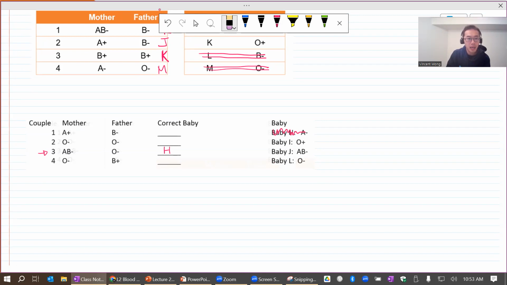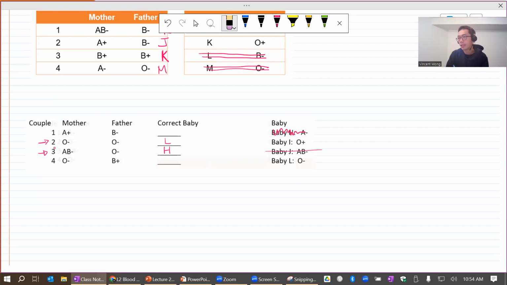Next, why don't we look at this one? O negative, O negative. Both of them are O, so AB is not an option. They are both negative, so they can only make negative.